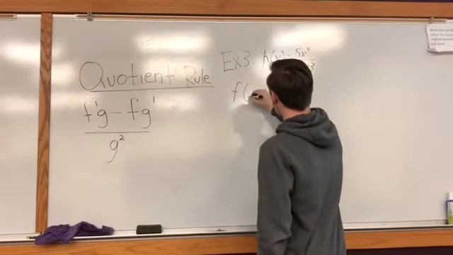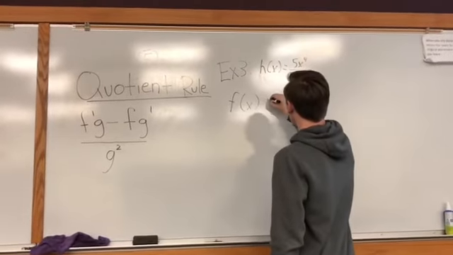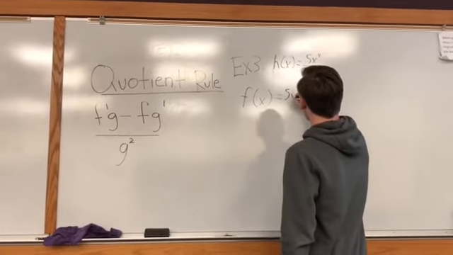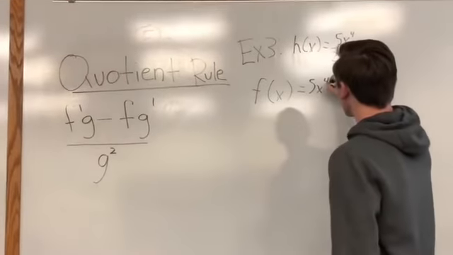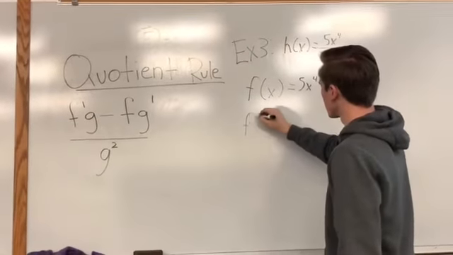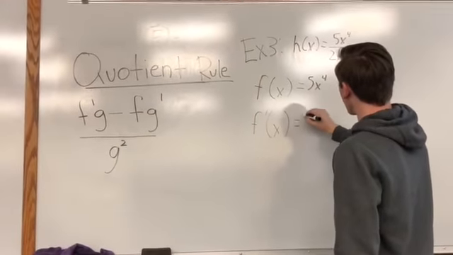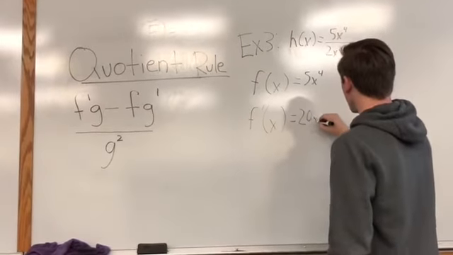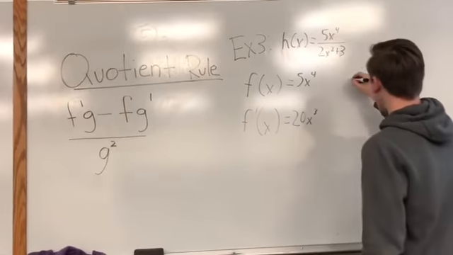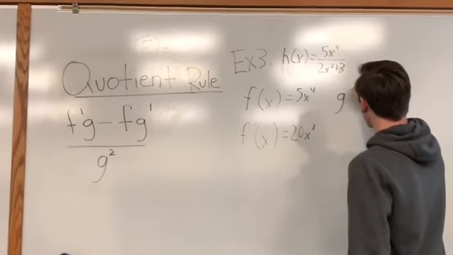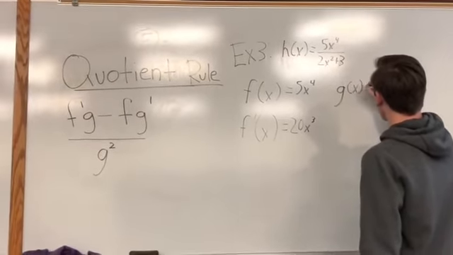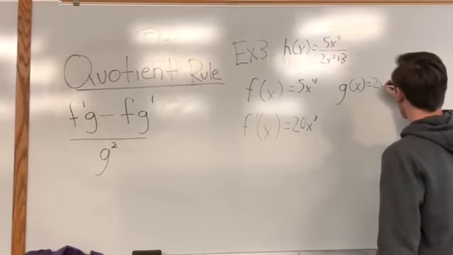Okay, so now we will continue with our final example. So we have f of x, which is equal to 5x to the 4th power. Now f prime of x will be 20x to the 3rd power. Why? Because we multiplied 5 times 4 to get 20, and 1 less power of 4 is 3.